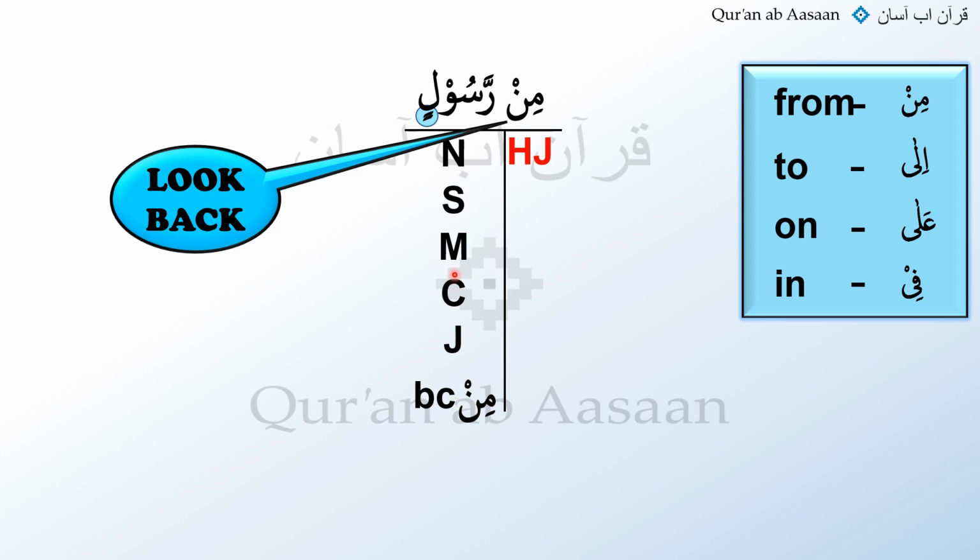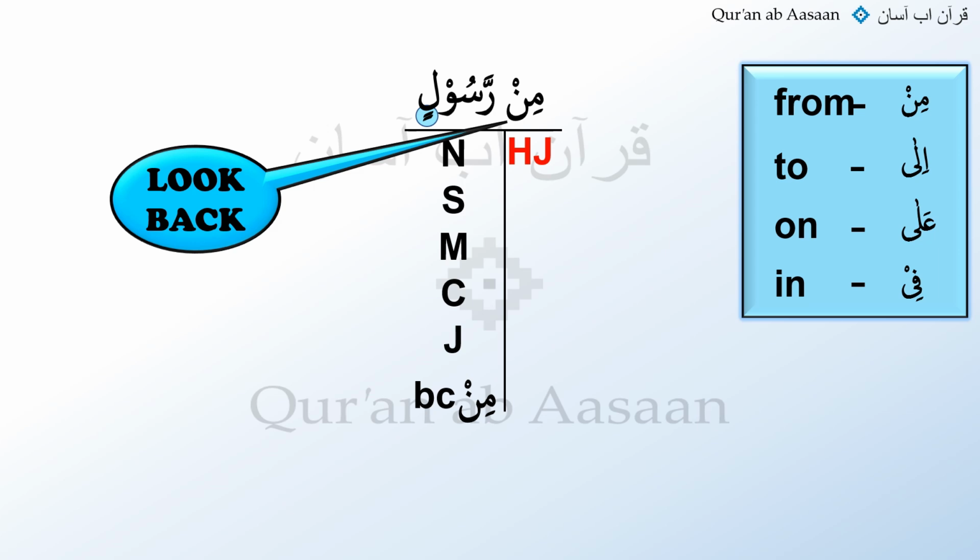So just quickly, the next time we do it, we'll say it this way. Min Rasulin. Color the tanween blue, dissect at min, min harfe jar, Rasulin, noun, singular, male, common, jar, because of min. Then we read the Arabic before translating.